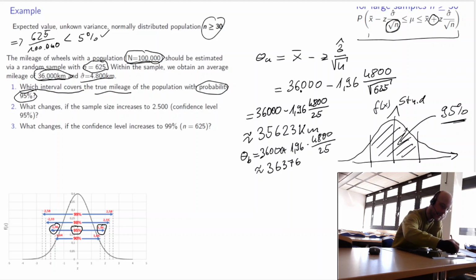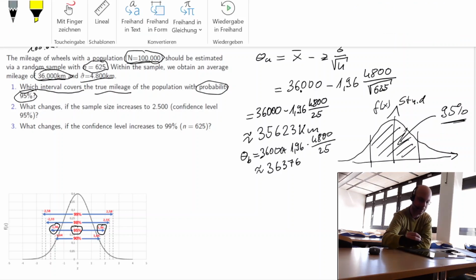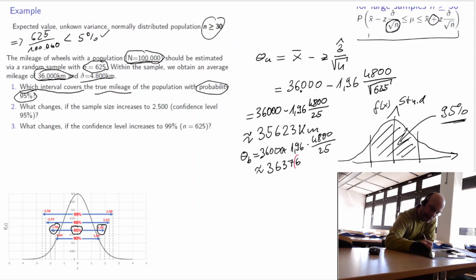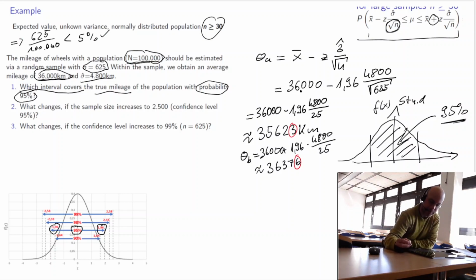Well, and actually here you also just see that we have cut off the last two digits, because this should, of course, be an interval which is totally symmetric around 36,000. So what we actually have done here is that in the standard normal distribution, we have here minus 1.96. Here we have plus 1.96.